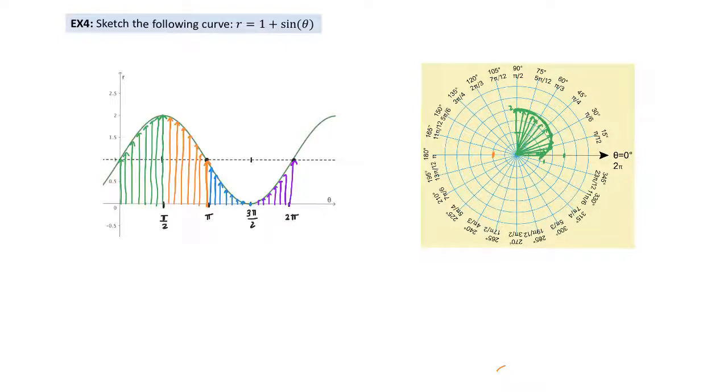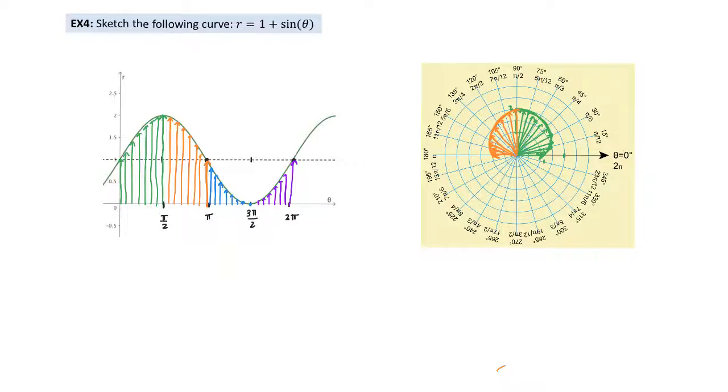So starting at pi over 2, the ray had length 2, and then it is going to keep getting smaller every time, in this direction, and smaller and smaller until we get to pi. So you kind of notice that you get something like this. In fact, it looks like a reflection of what we had on the right part.